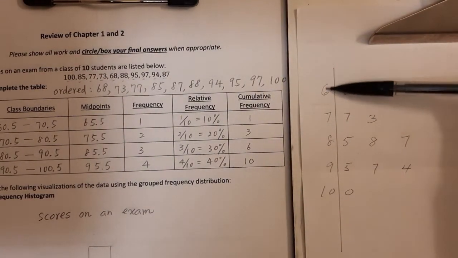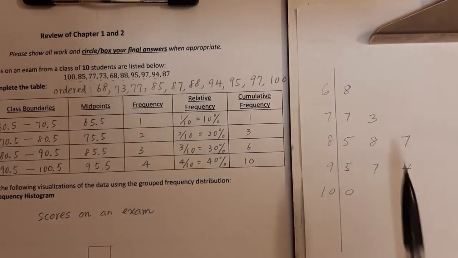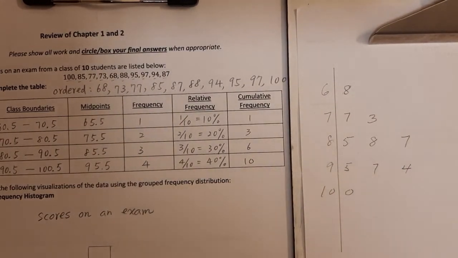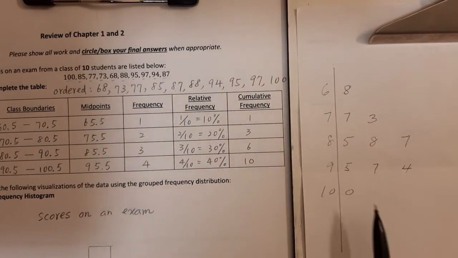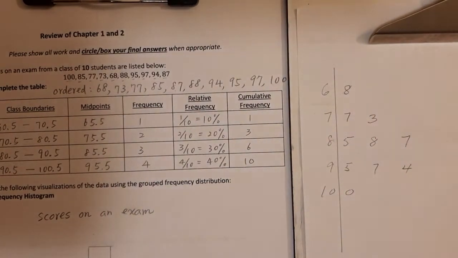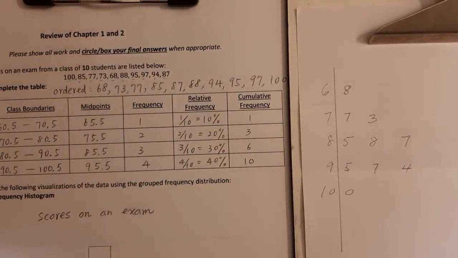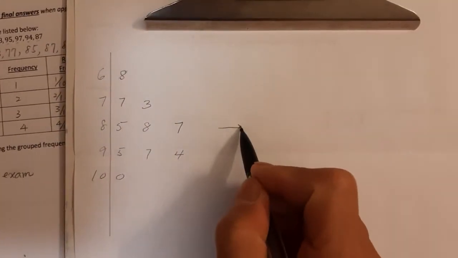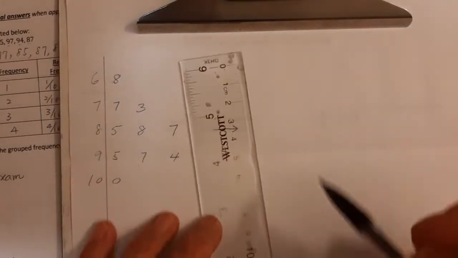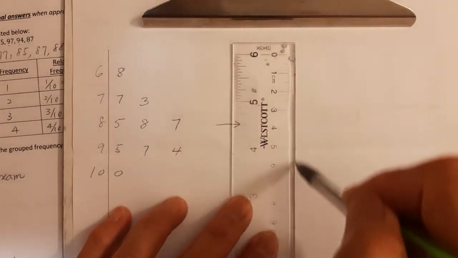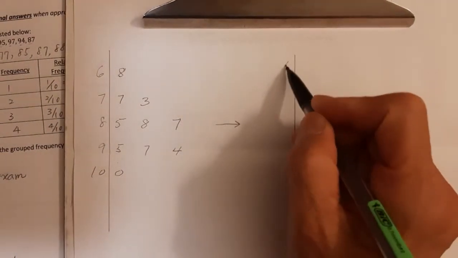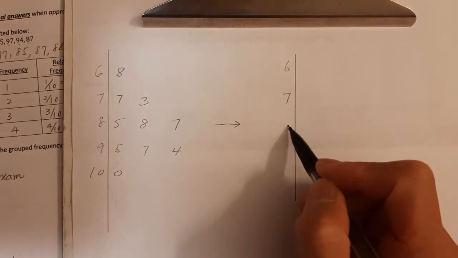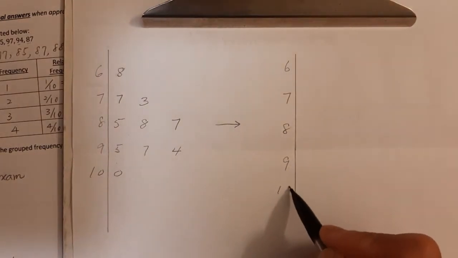This column we call the stem, and to the right we call the leaf. So this we call a stem-and-leaf plot. And then arrange it in order. The stem is still 6, 7, 8, 9, 10.